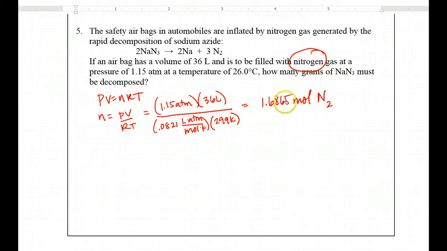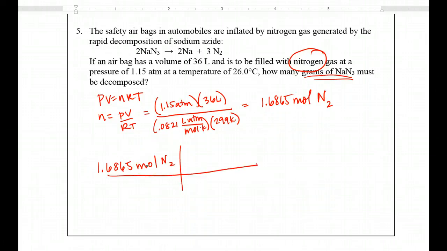And so many students will take that number and go right to grams. However, we don't want grams of nitrogen, we want grams of NaN3. So we do need to use stoichiometry to finish this problem up. So 1.6865 moles of N2. And from the balanced equation here, we have 3 moles of N2.